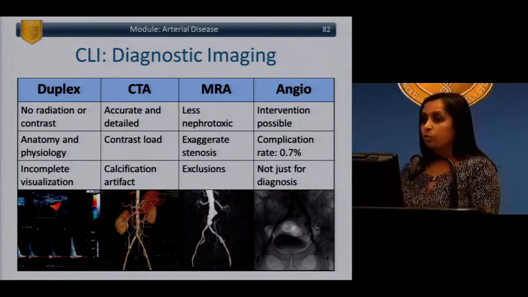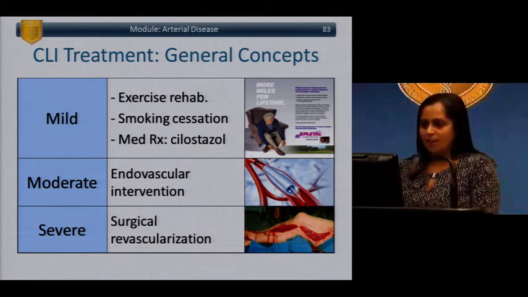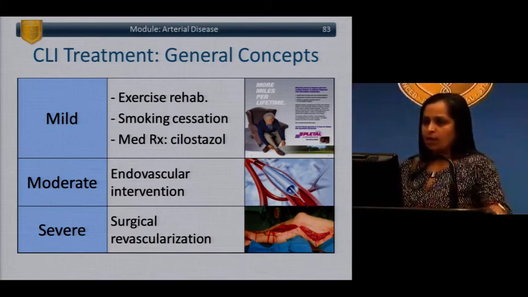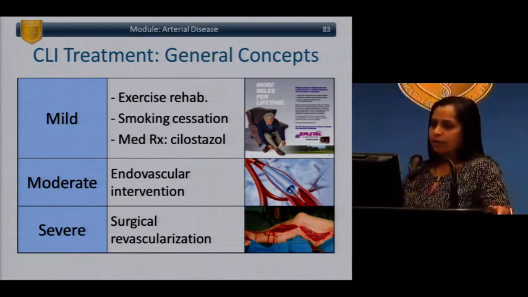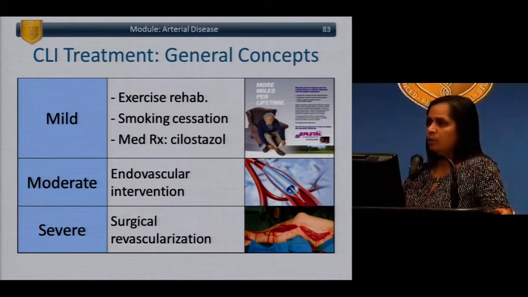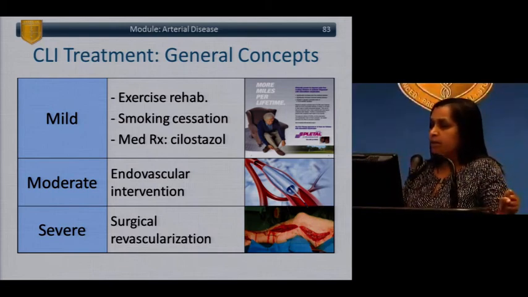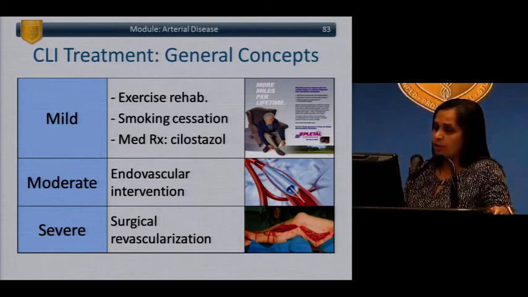In terms of board questions, sometimes this is a question that's asked. Some of the general concepts of peripheral arterial disease and chronic limb ischemia. For mild disease, in general, exercise, smoking cessation, medical treatment, including management of hypercholesterolemia and hypertension is important. Smoking cessation is essential in terms of managing these patients.